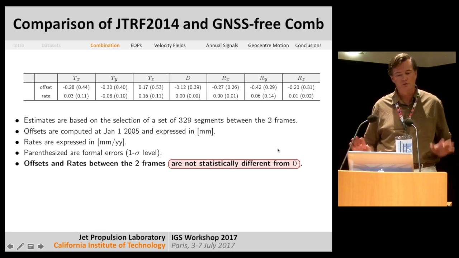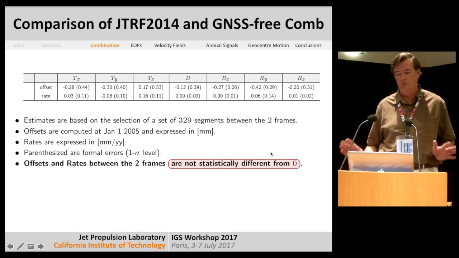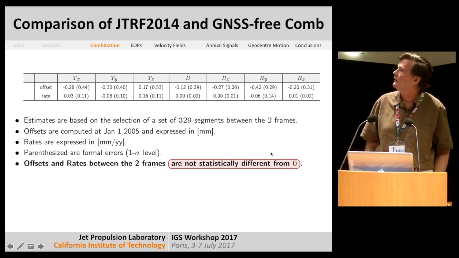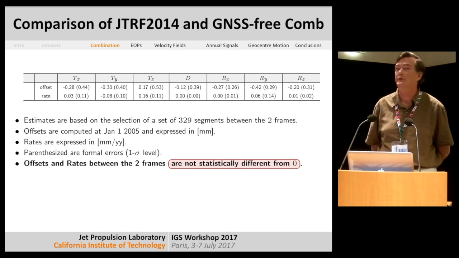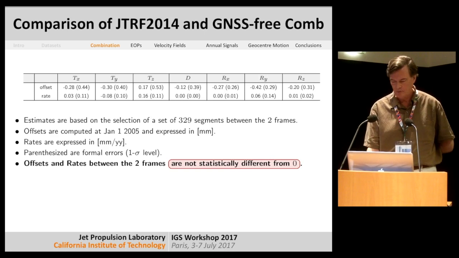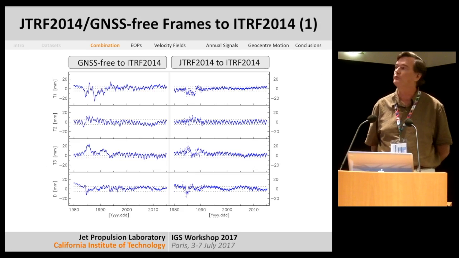So the two frames, the no GNSS and with GNSS, are not statistically different from 0, at least at the 2 sigma level. But let's compare the frames to ITRF 2014.